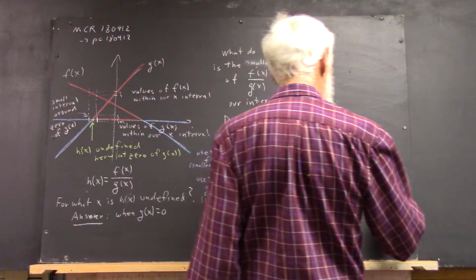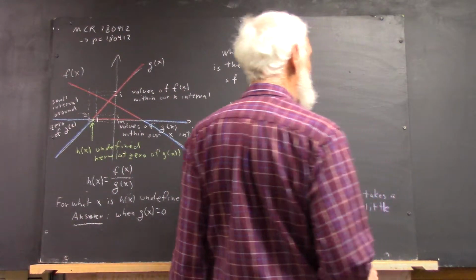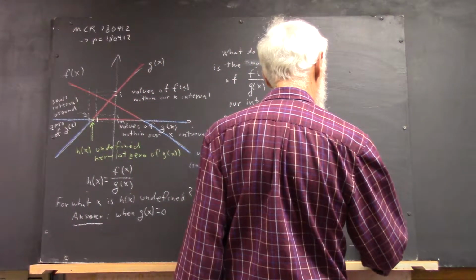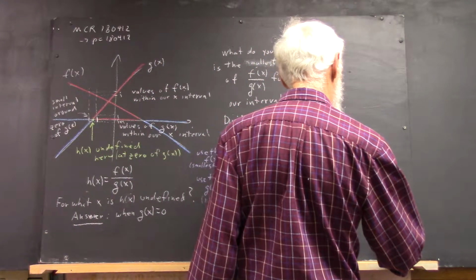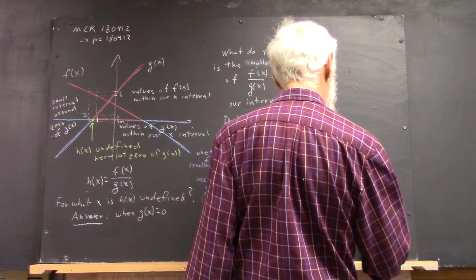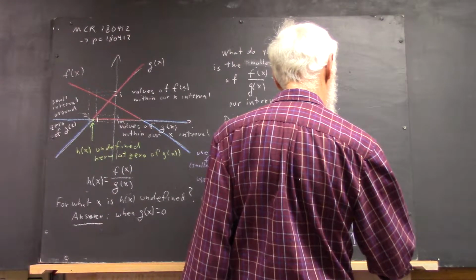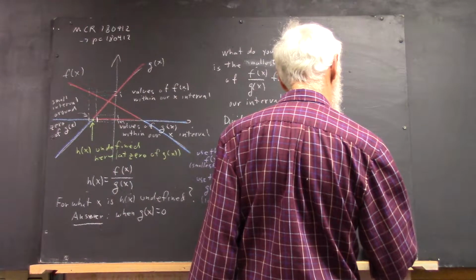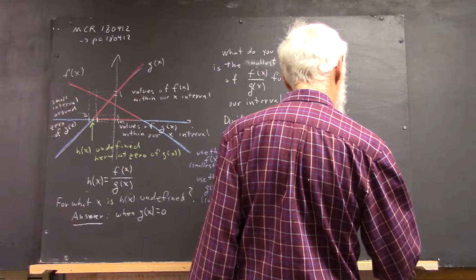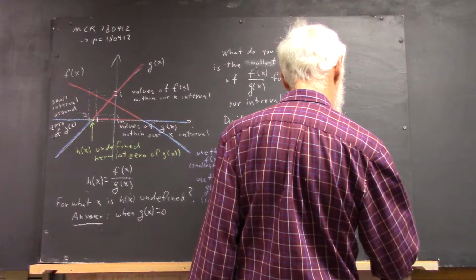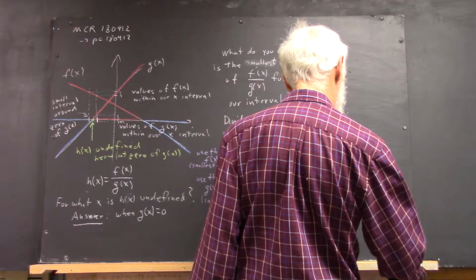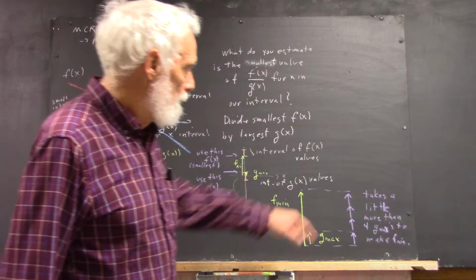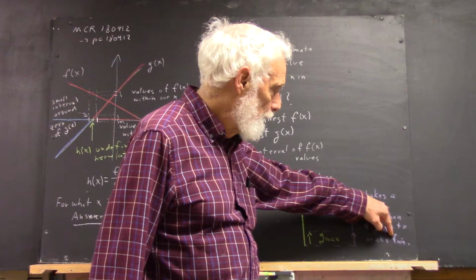It takes a little more than 4 g maxes to make an f min, right?